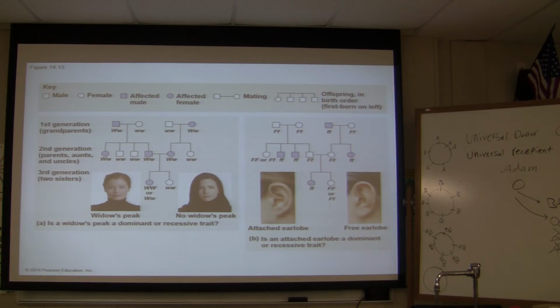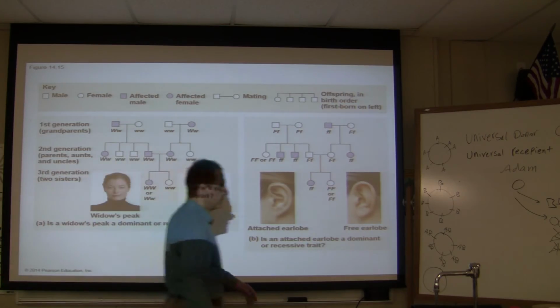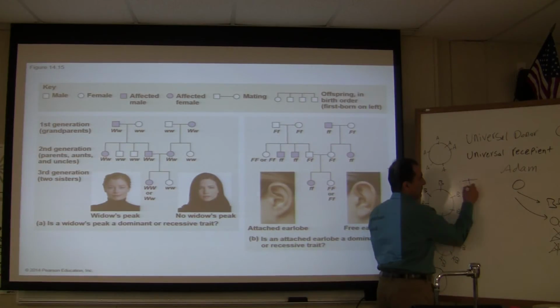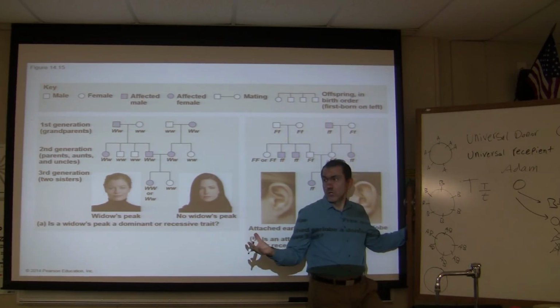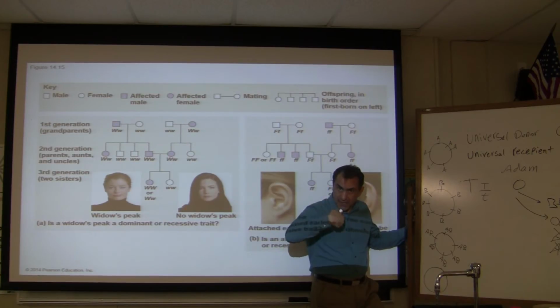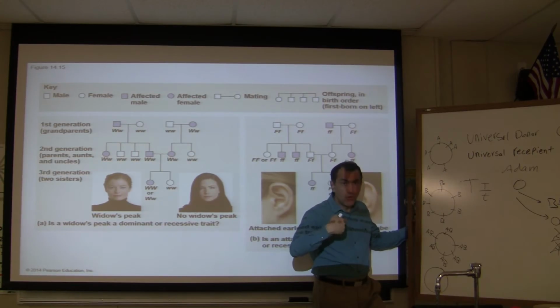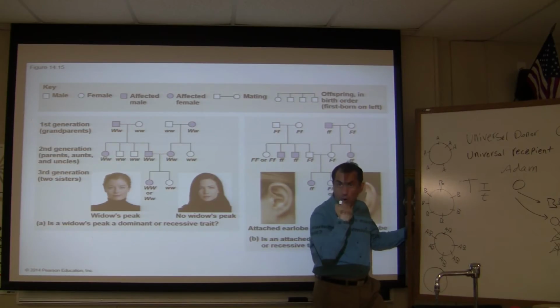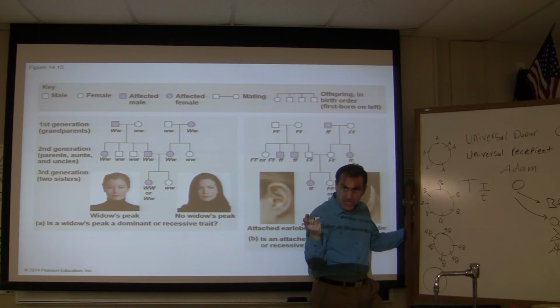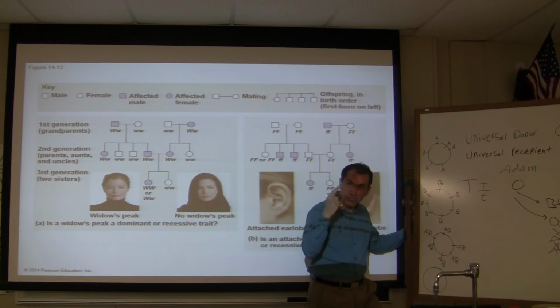That's another thing we didn't talk about. When you have a dominant gene, capital T, what is the next one? Is the next one capital T or small t? You don't know. So for myself, I don't know my genotype: am I capital T capital T, or capital T small t?